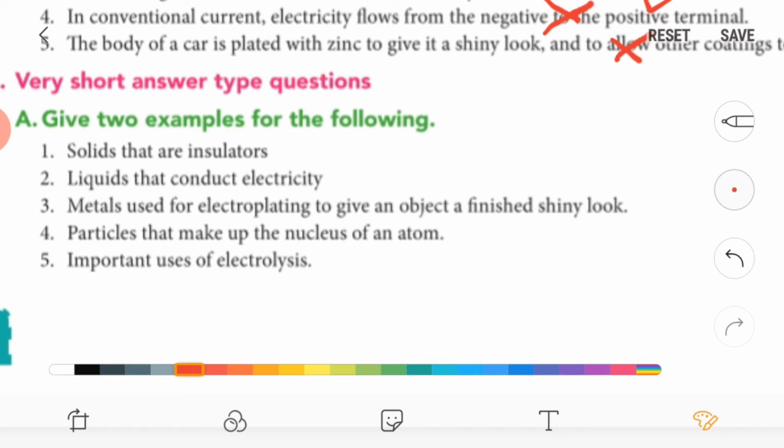Now second, liquids that conduct electricity. So it is salty water, any acid, lemon juice. Write down any two.